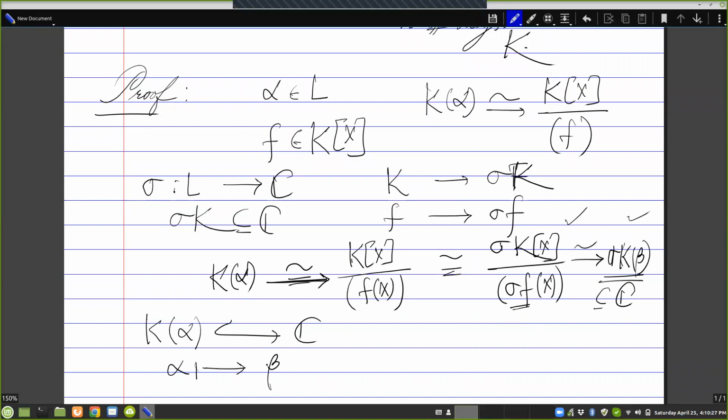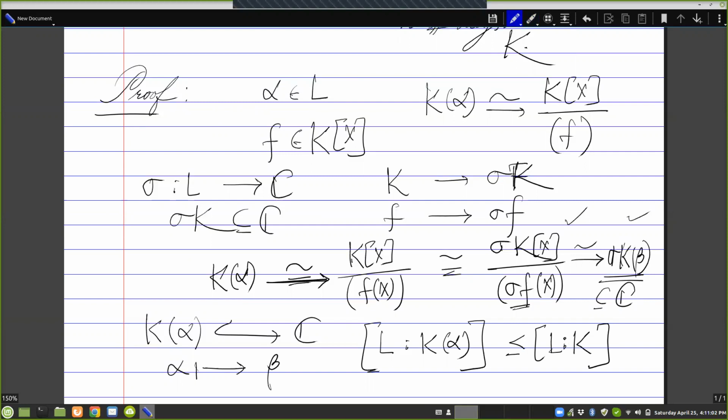By definition, K(alpha) is the subfield of L that contains both K and alpha. The degree of L over K(alpha) is also finite, and in fact it is less than or equal to that of L over K.